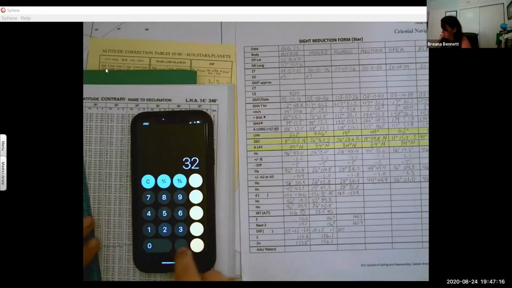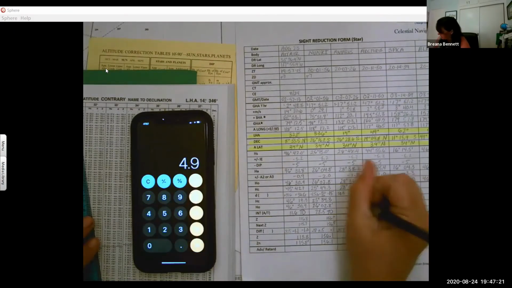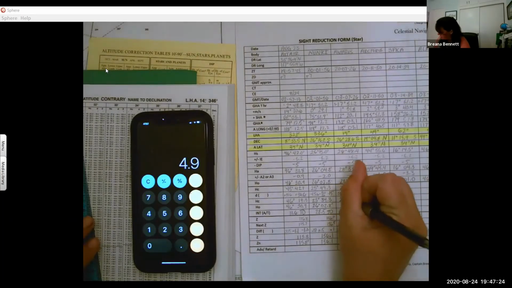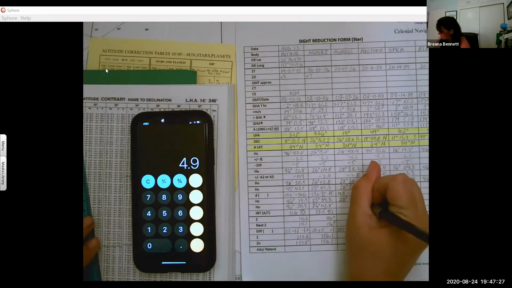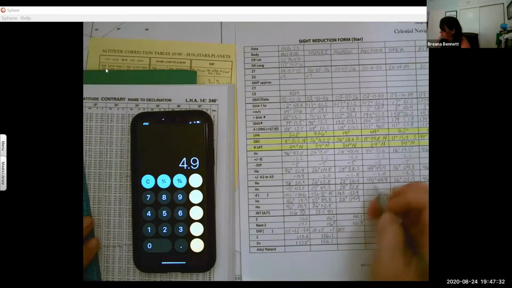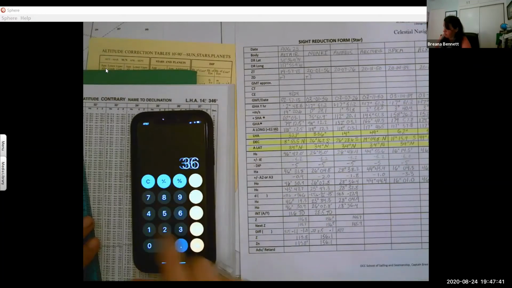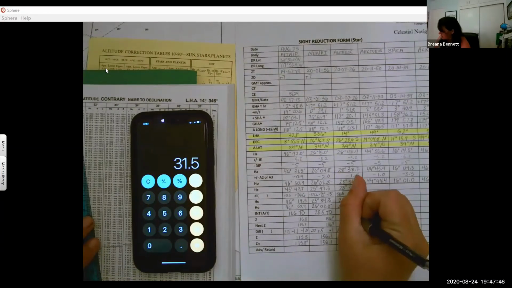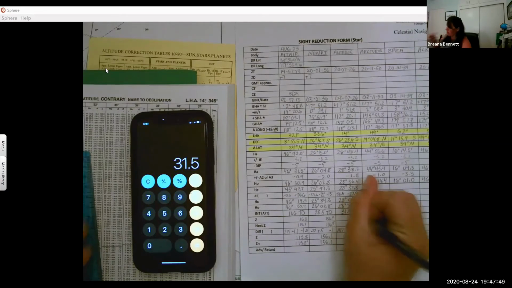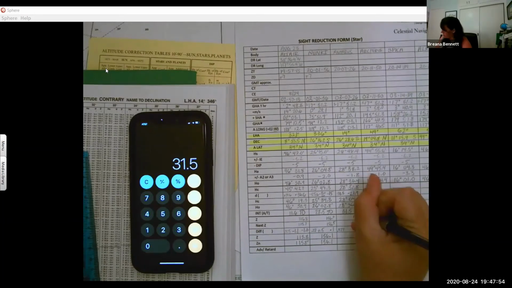So 32.8 minus 27.9 gives us 28 degrees, 04.9. We bring our HO down, and we get 28 degrees, 36.4. So we have 36.4 minus 4.9 gives us an intercept of 31.5. And our HO again is bigger, so we are towards.